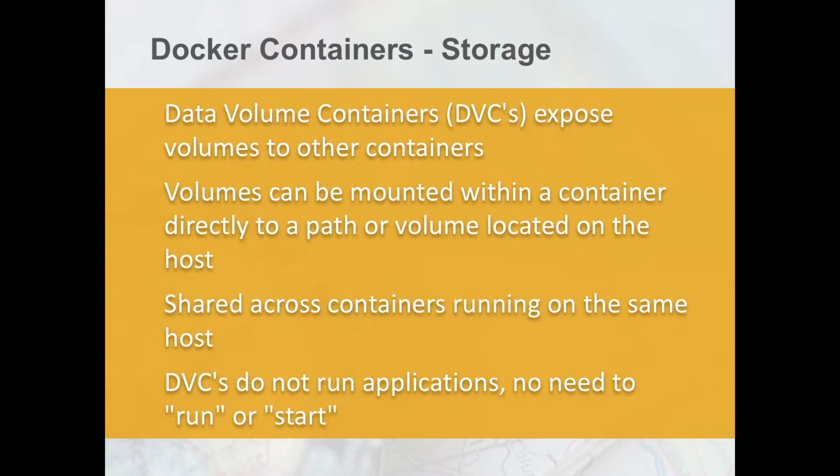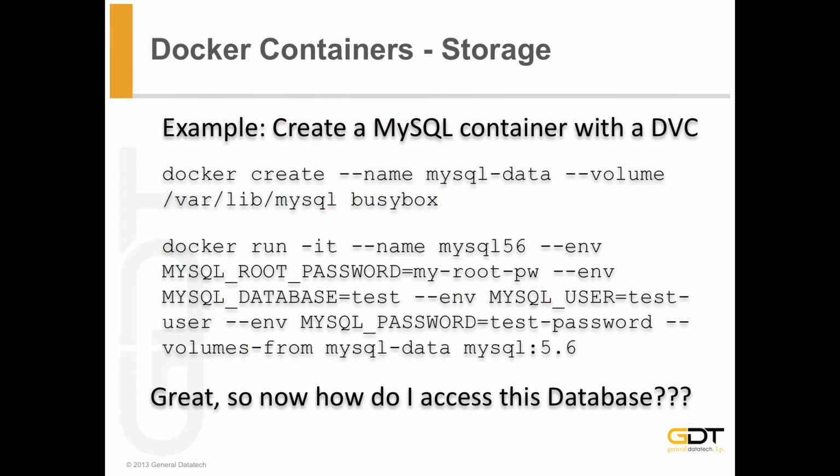Now these volumes could be a path directly residing on the host, or it can be a volume that's created within the container itself. We can even share these across different running containers on the same host. It's important to note that DVCs do not run additional applications. They simply provide one thing, and that's a volume. So let's look at how we would create a DVC.